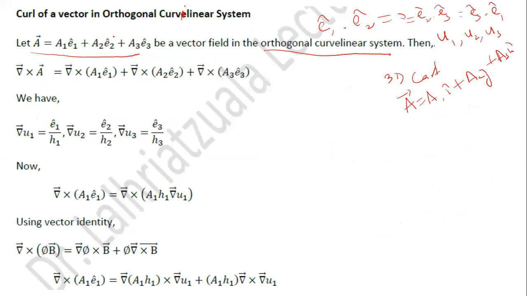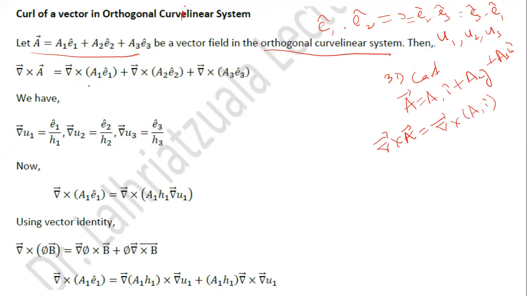Here we have e2 cap, tangential unit vectors e3 cap. Now, in order to take a curl in the normal 3D Cartesian system also, we have to take a curl operation on each and every vector A1 i, A2 j, like that. So we are following that.